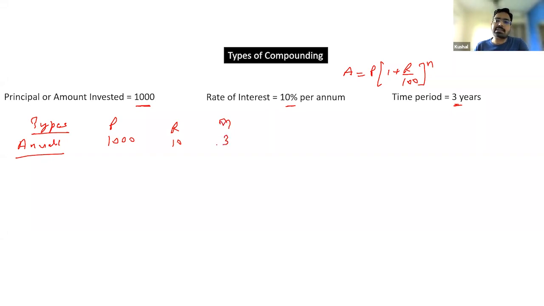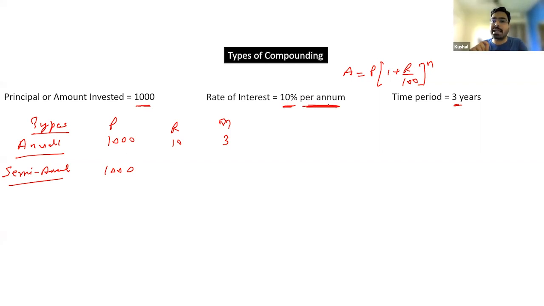Now let us understand how things will change when you have different types of compounding. So let's say suppose you have semi-annual type of compounding. Now, if I'm looking at semi-annual type of compounding, for the first 6 months, my principal value will still remain the same, which is 1000. So in the formula, I'm going to use the same principal value, which is 1000. But the rate of interest is 10 percentage points per annum.